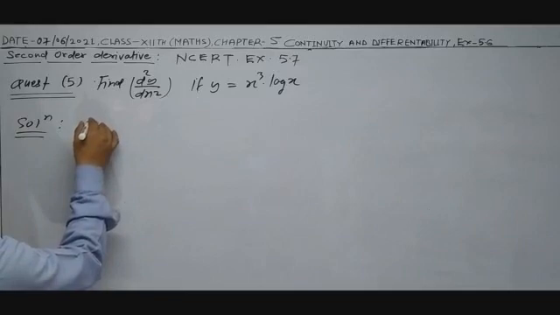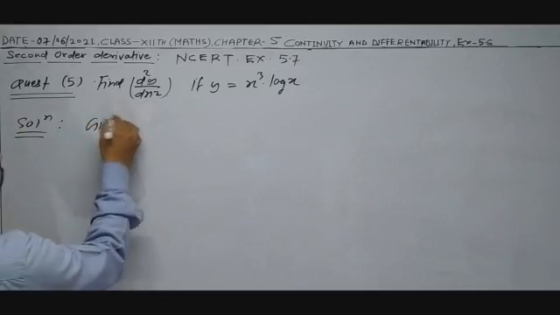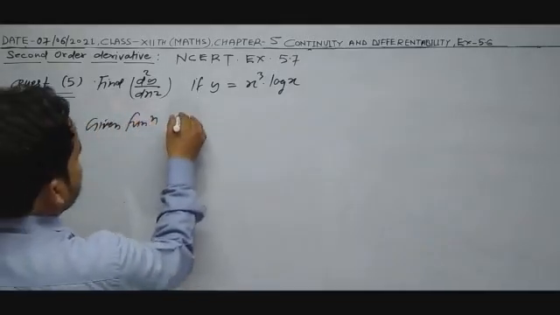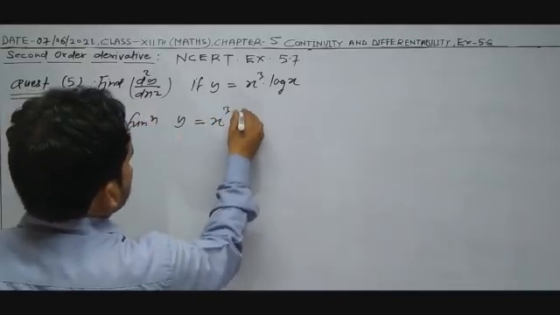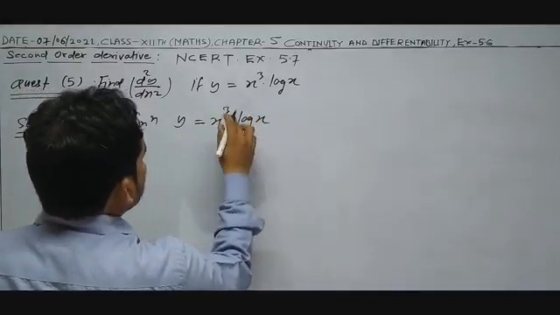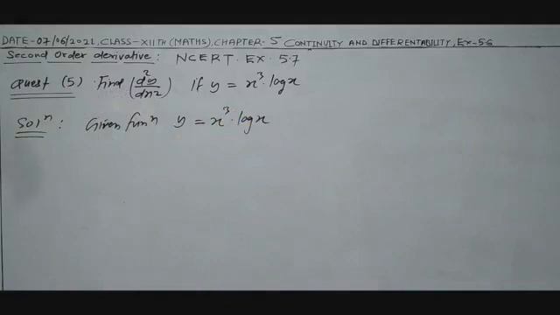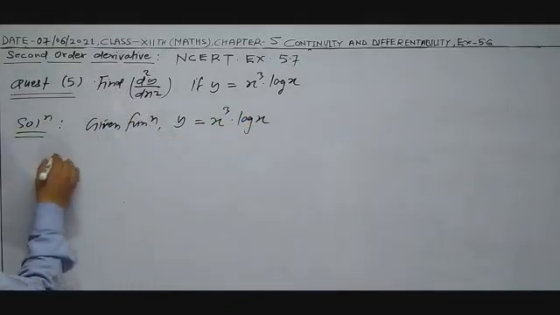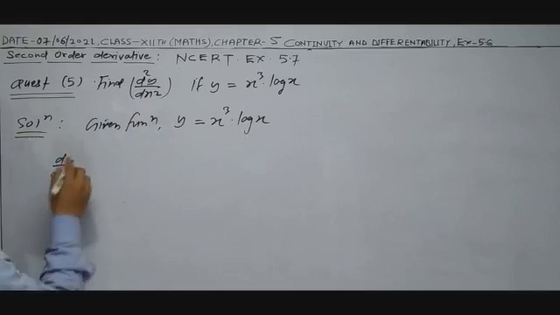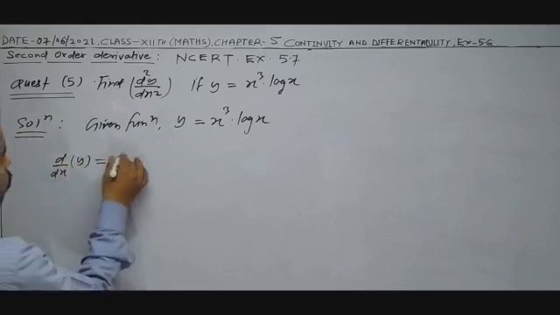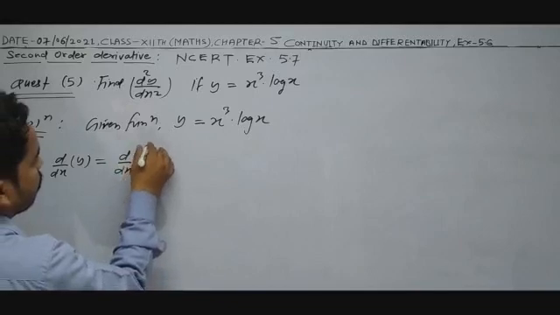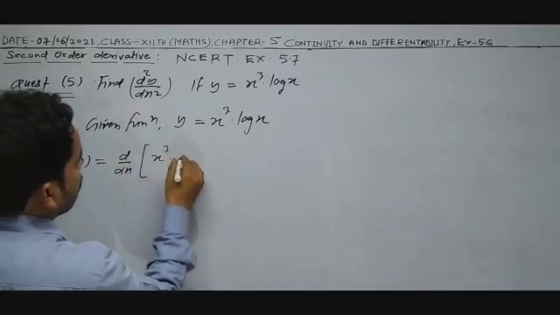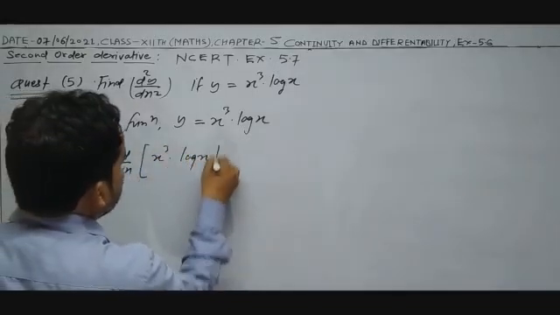First of all, the given function y is equal to x cube times log of x. So differentiate this function with respect to x. So the result will be d by dx of x cube times log of x.